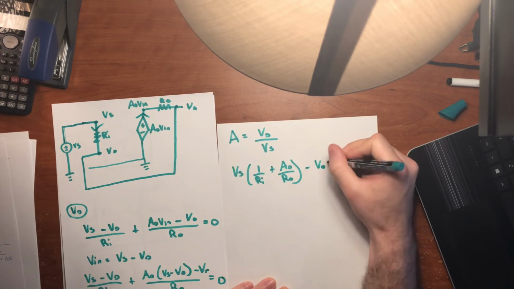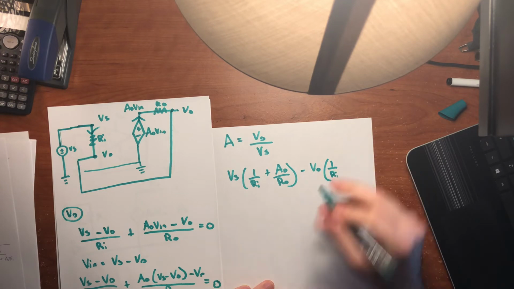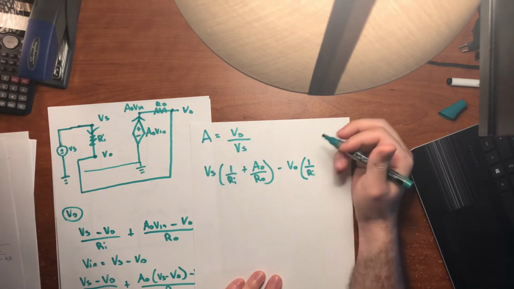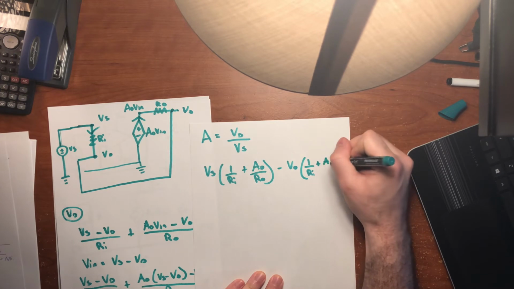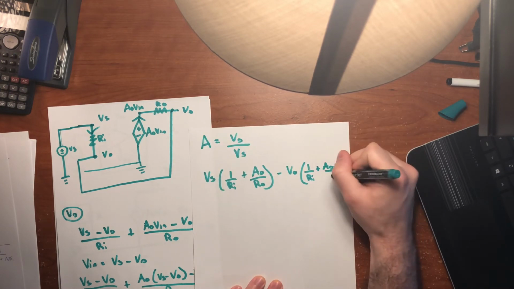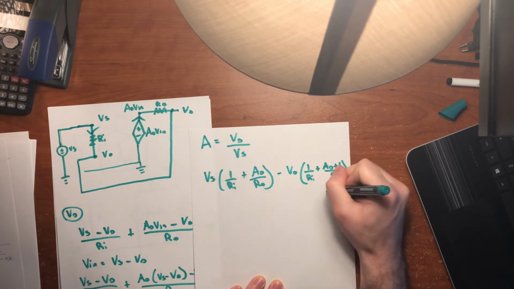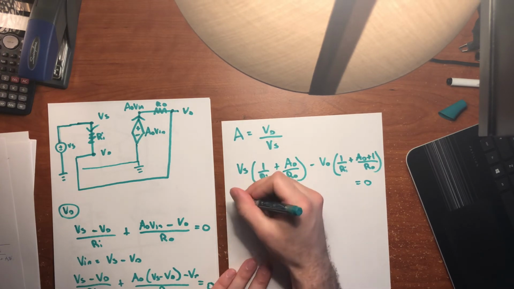Minus V naught of 1 over Ri plus A naught plus 1 over R naught. This equals 0. So let's simplify it further.